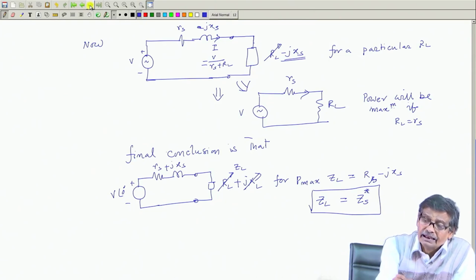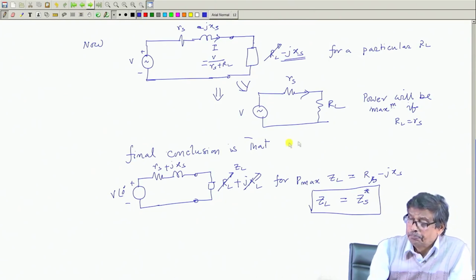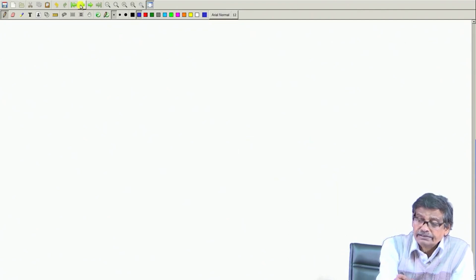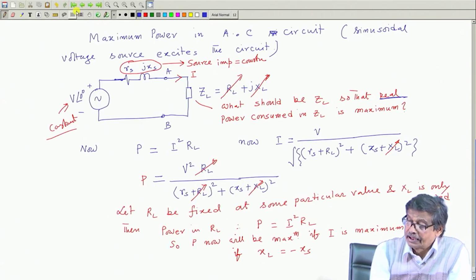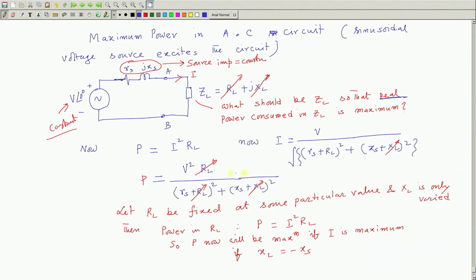Got the point. And the last case, so this point you see how nicely this problem has been tackled. In general, I wrote this expression. My goal is to find out both RL and XL. I will arbitrarily vary, want to know what should be the value of RS, RL. Then I say that look here, instead of trying to vary both of them together, imagine that RL you have fixed some value and only XL you are varying.